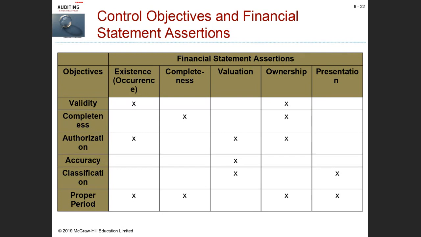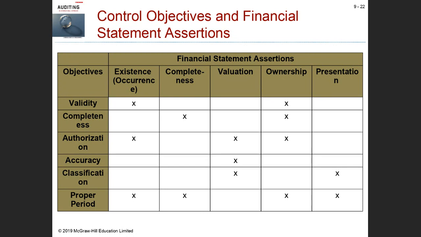Now, obviously, where the boxes are empty in this PowerPoint, it means the auditors can take no internal control reliance where the boxes are empty. So it means the auditors would have to do substantive audit procedures to gain audit evidence in areas where the boxes are empty.